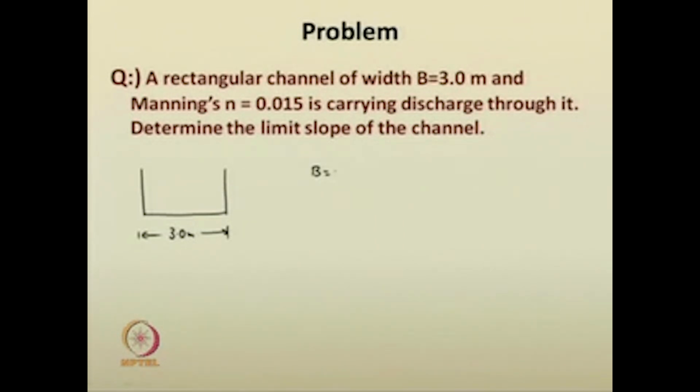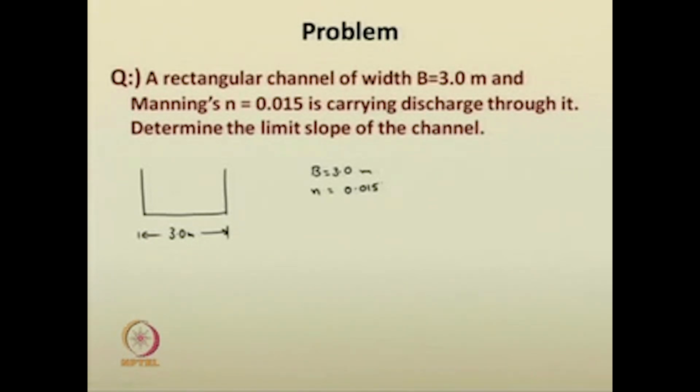Its Manning's roughness coefficient is 0.015. Determine the limit slope of the channel. So, B is equal to 3.0 meters, Manning's n is equal to 0.015. What could be the critical slope for such a rectangular channel? What could be the limit slope?